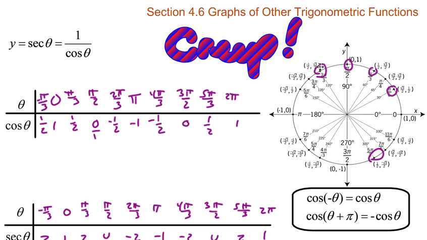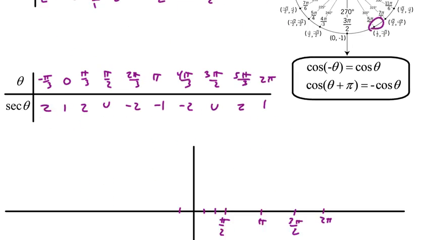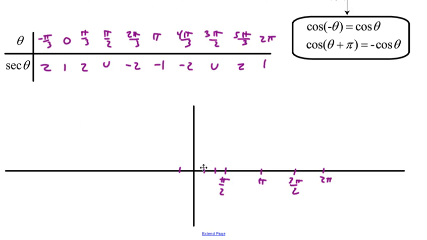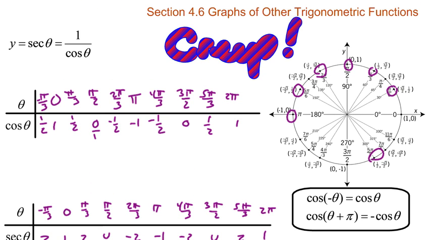Then first hash mark, second hash mark, and then pi. So that's what these little marks mean. This is pi over 6, this is pi over 3, and then this is pi over 2. These little circles are indicating the same thing that's on the hash marks.